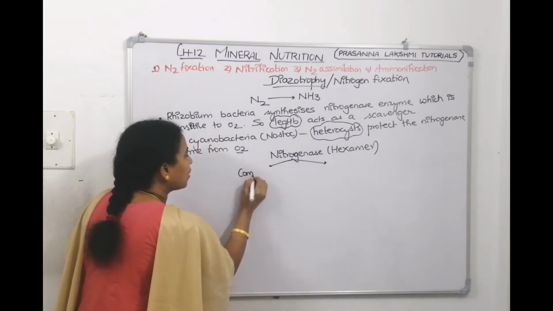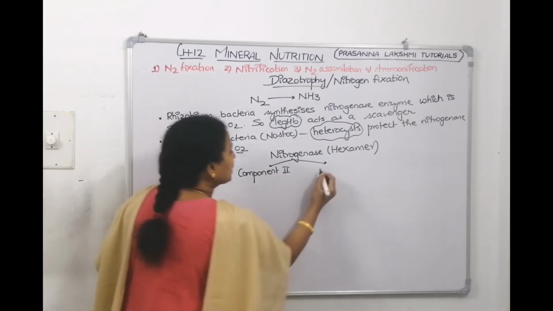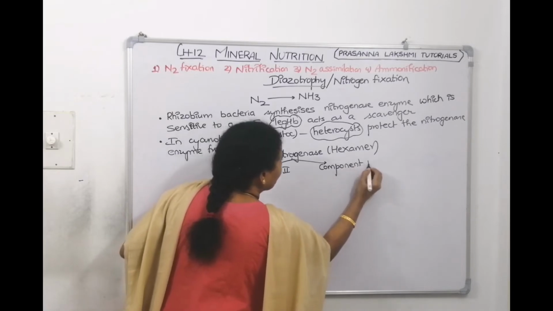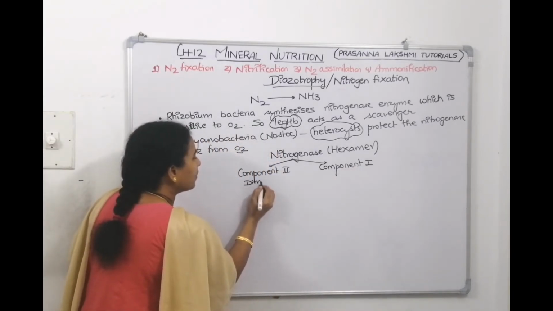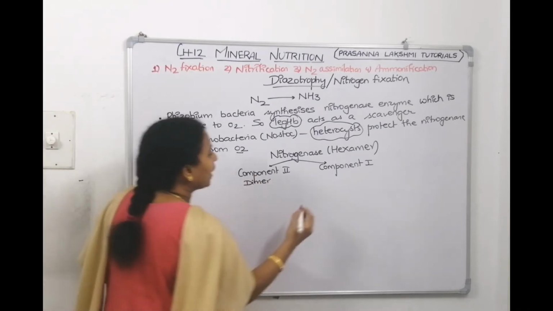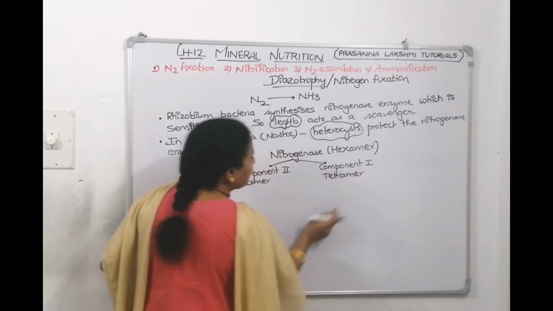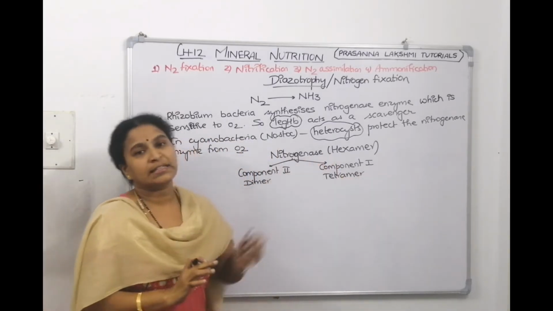The first one is called component 2, I will write it first, and the second one will be called component 1. Component 2 is a dimer made up of 2 subunits, whereas component 1 is a tetramer made up of 4 subunits. 4 plus 2, 6, children. That is why nitrogenase is called a hexamer.